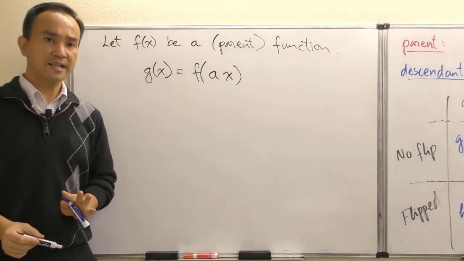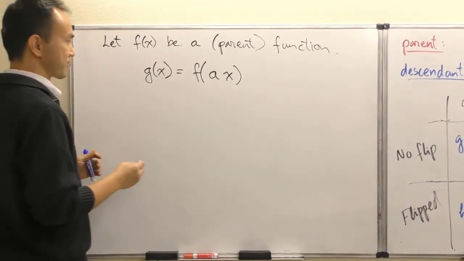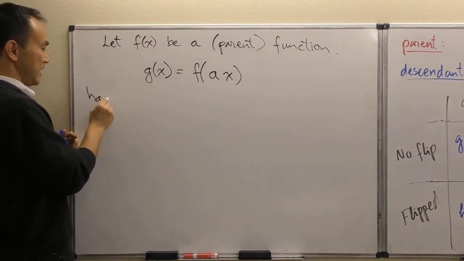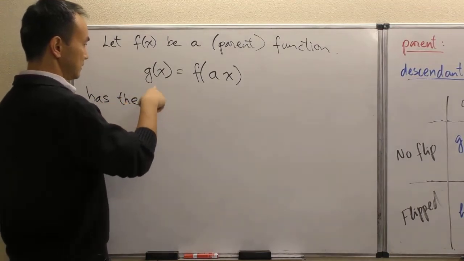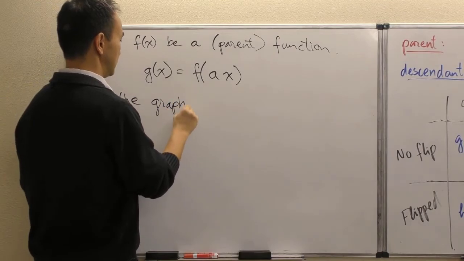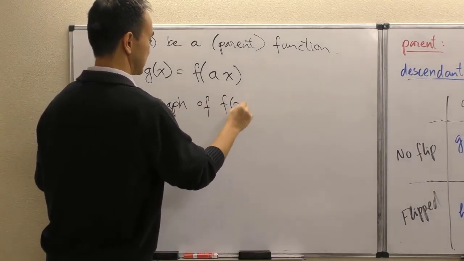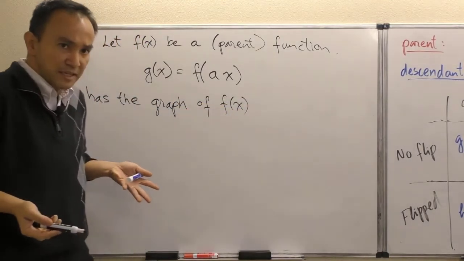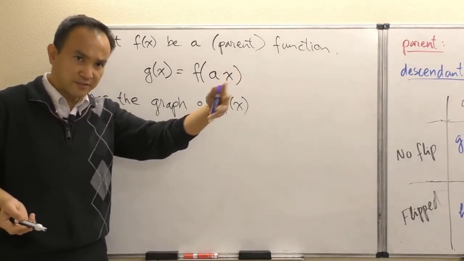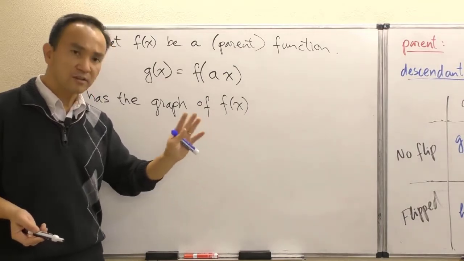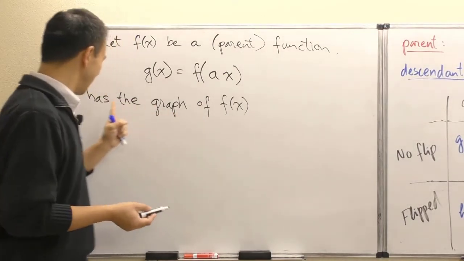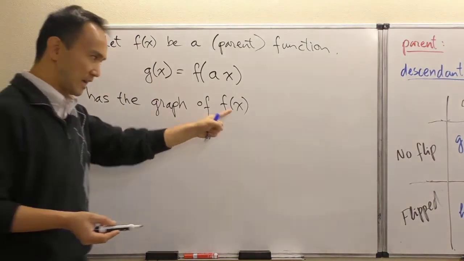So the function g defined in this way has the graph of f of x, because it's a descendant, so it makes perfect sense that it has all of its characteristics from its parent, but now it's going to be slightly different.